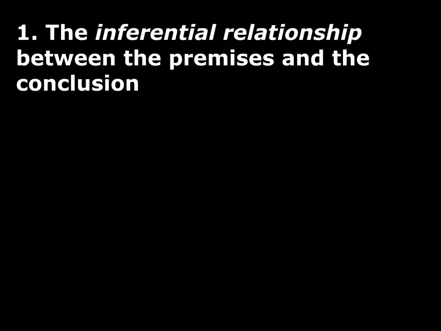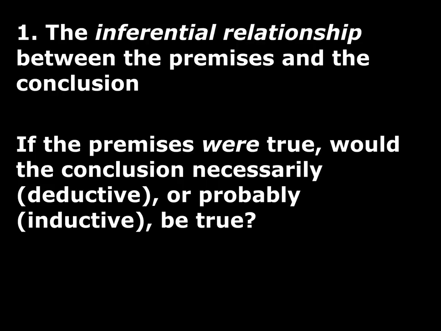So first, the inferential relationship between the premises and the conclusion. Think of it this way. You've got an argument. Someone is going through a piece of reasoning. You can express that as an argument. Ask yourself, if the premises were true, would the conclusion necessarily be true? Or would it probably be true?